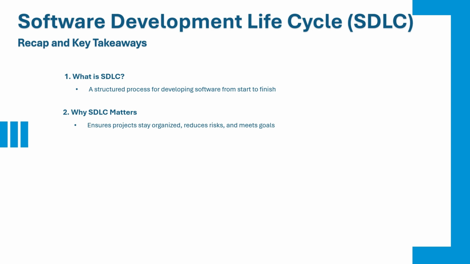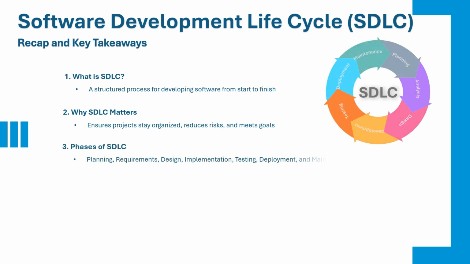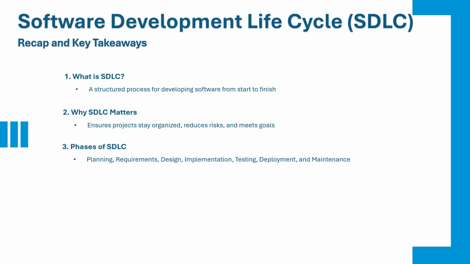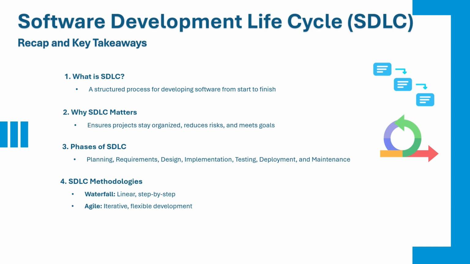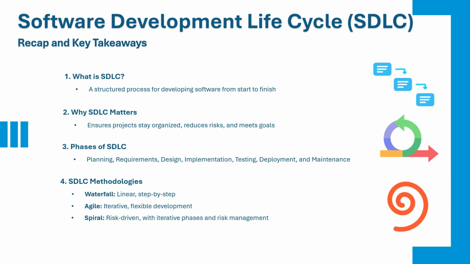We also walked through the 7 key phases: planning, requirements, design, implementation, testing, deployment, and maintenance, each with its own role in ensuring a smooth and successful project. Finally, we explored 3 popular SDLC methodologies: Waterfall, which is a structured, linear approach; Agile, a flexible, iterative model perfect for projects with changing requirements; and Spiral, a risk-focused methodology for complex projects. Together, these methods show how SDLC can be tailored to different needs.